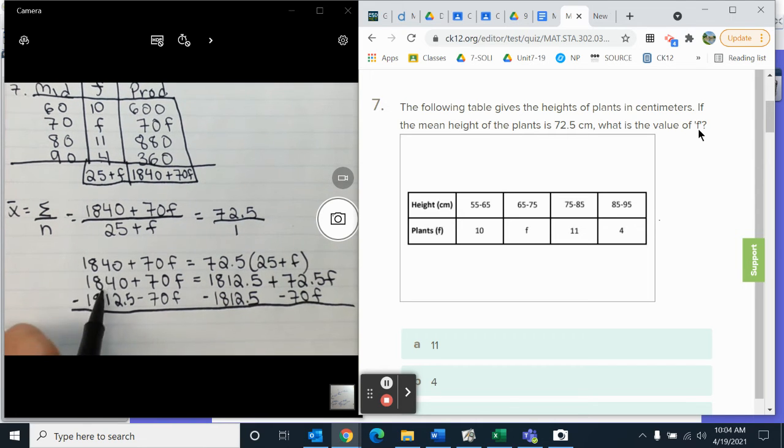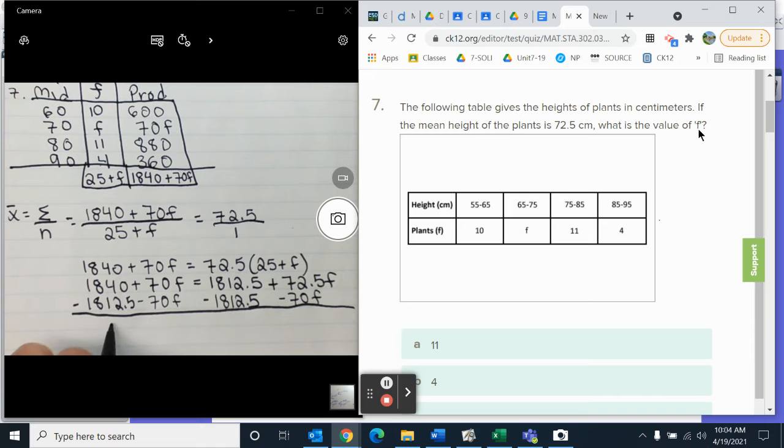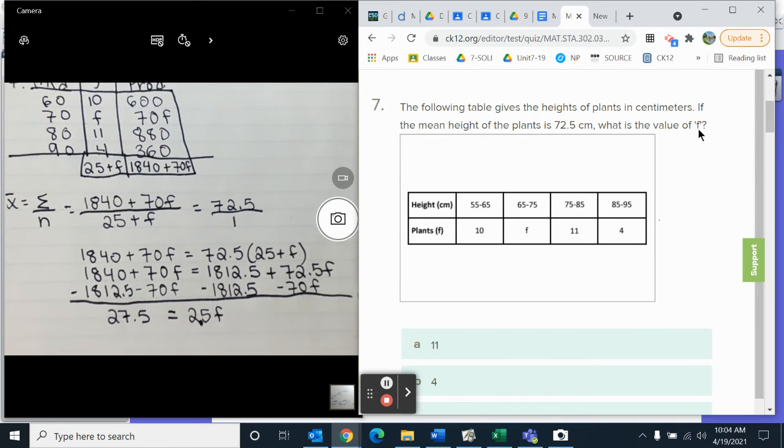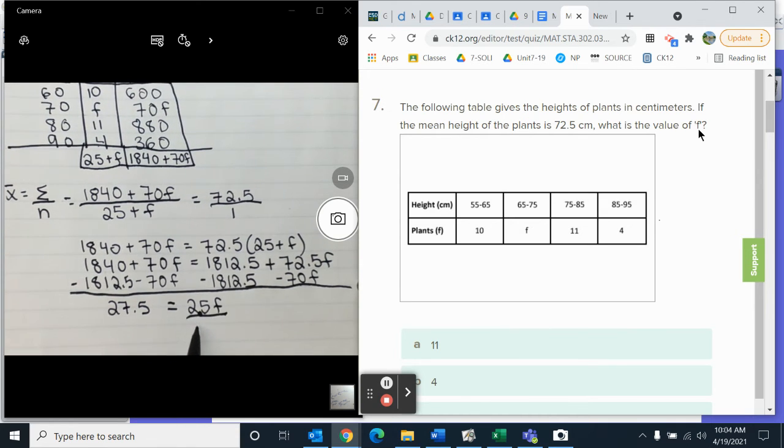we end up with 27.5 equals 2.5 F. So the final step to find F is to divide by 2.5.